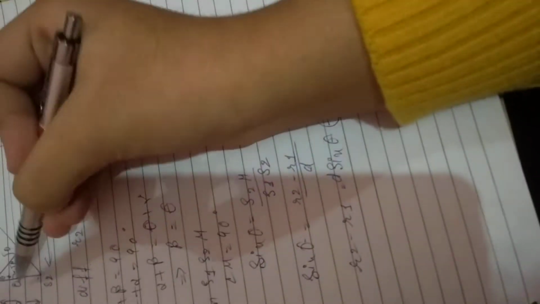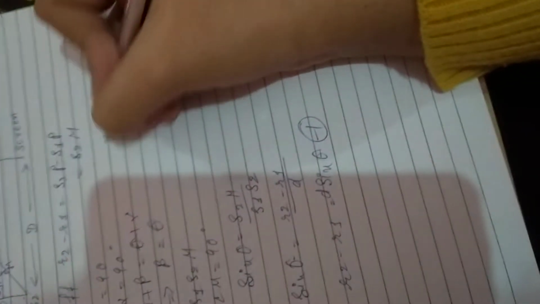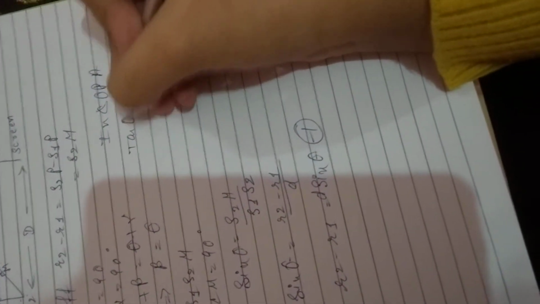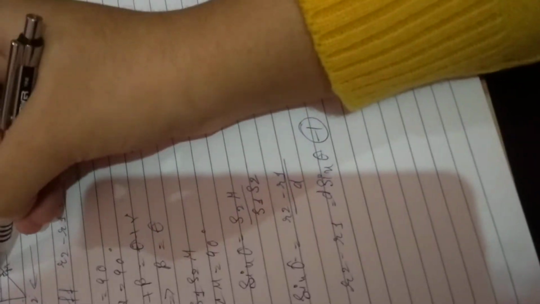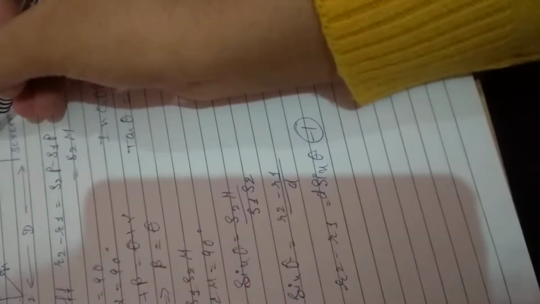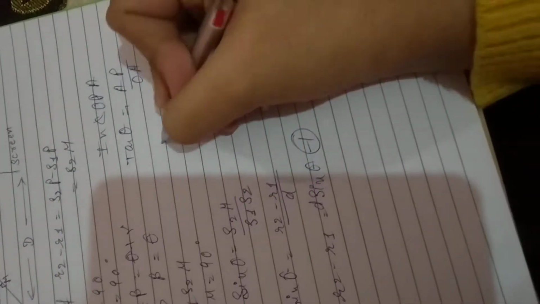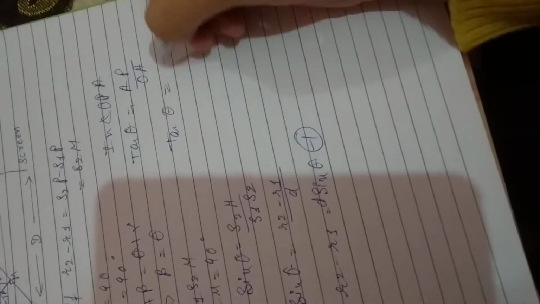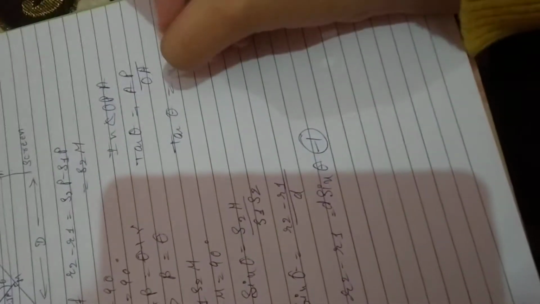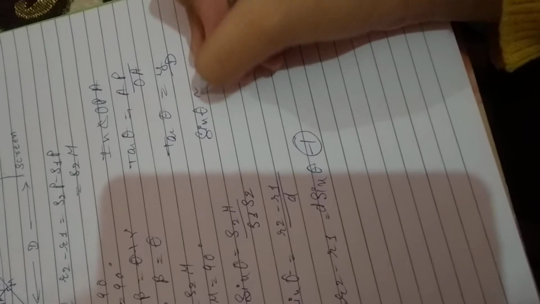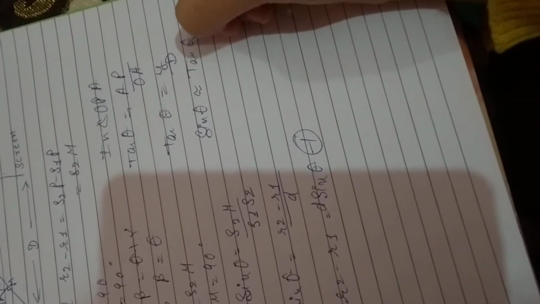And now in triangle OPA, tan theta is equal to the side opposite by the side adjacent, that is AP divided by OA. Tan theta is equal to y upon D. Sin theta is approximately equal to tan theta.